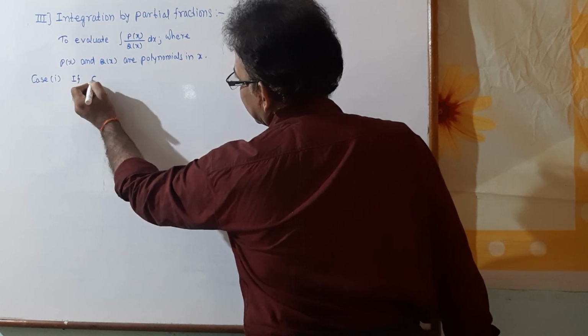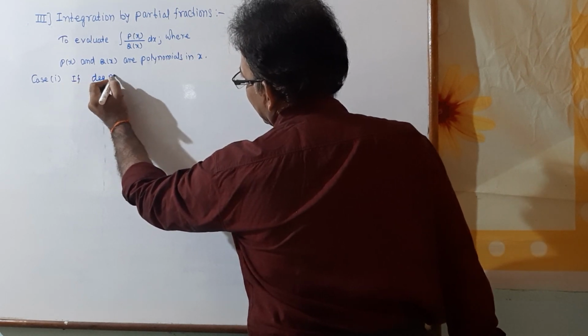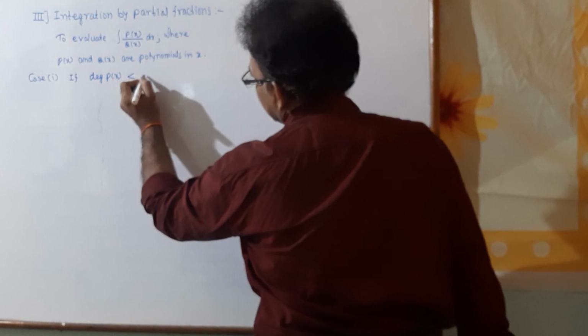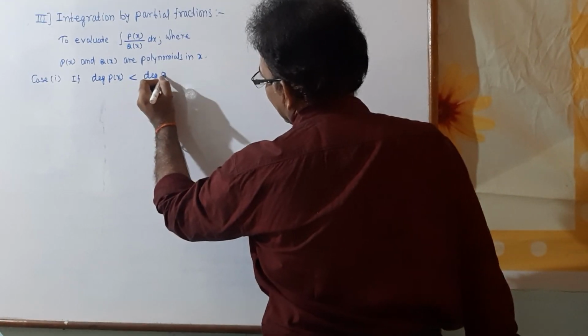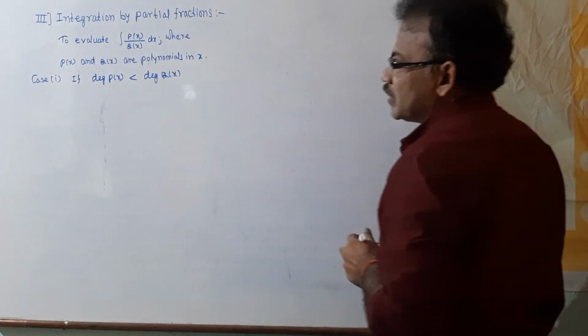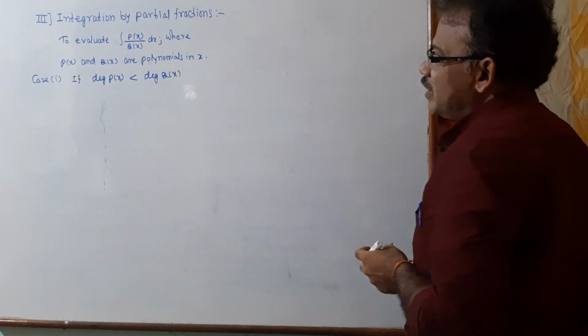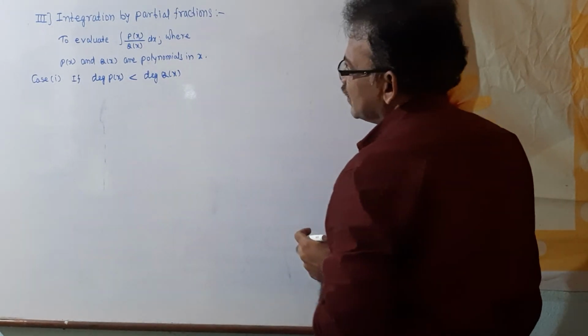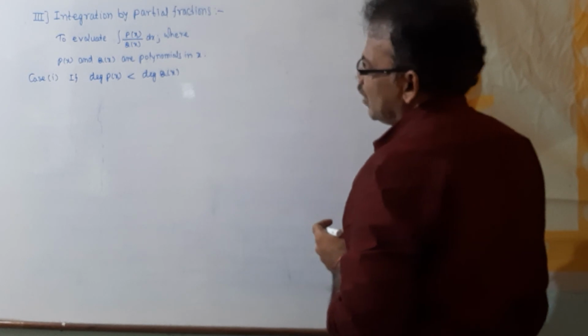Case first: if the degree of p of x is less than the degree of q of x. You know what is meant by degree? Degree means the index or power of x in the given polynomial.